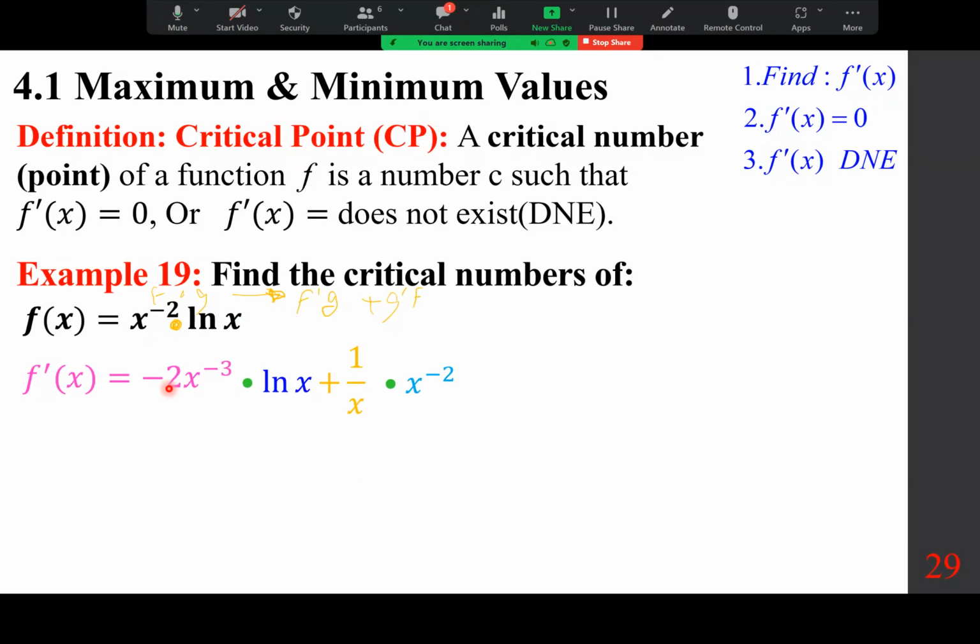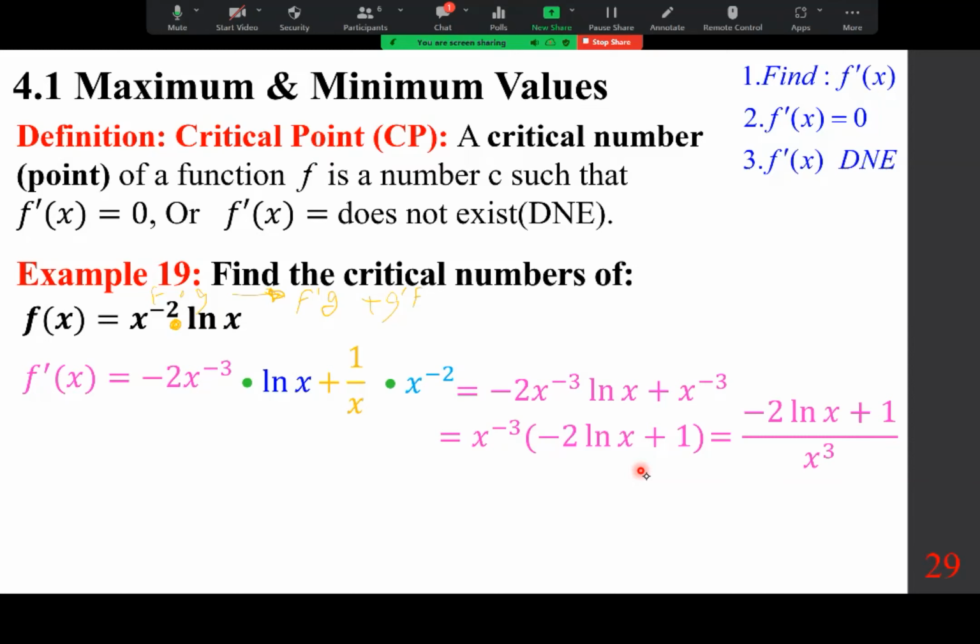So this becomes minus 2 x to the power of minus 3 ln x, and this becomes x to the power of negative 3. Now, since we want to go through this process, we can factor out x to the minus 3. This leaves us minus 2 ln x, this leaves us 1, and we take the x to the minus 3 down and make it into the following fraction.